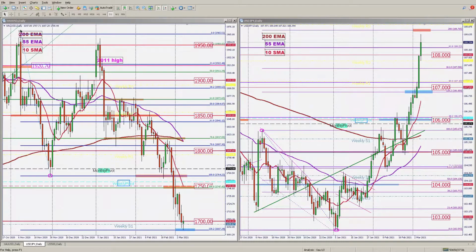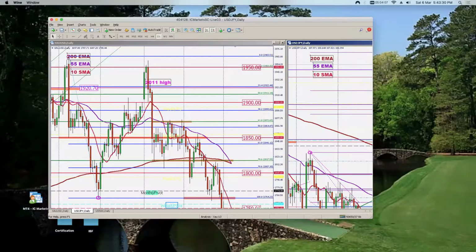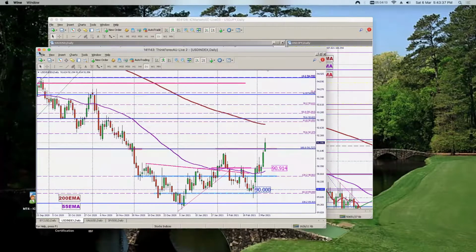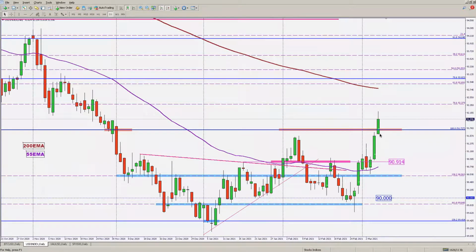Let's take a look at the DXY, the US dollar index, first, and you can see the breakout last Friday. We started from Wednesday, and then the big move up on Thursday.